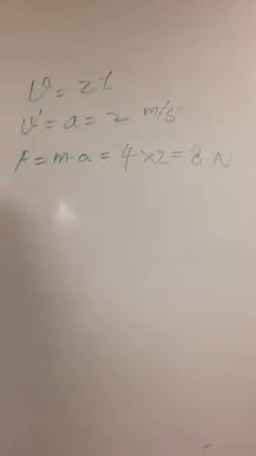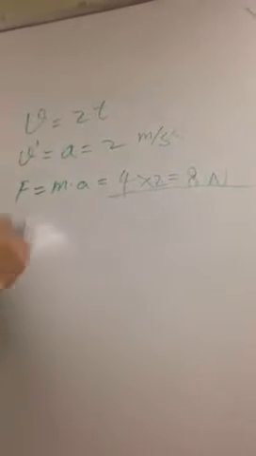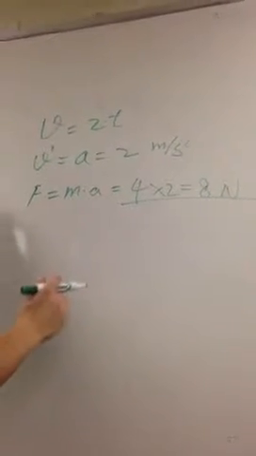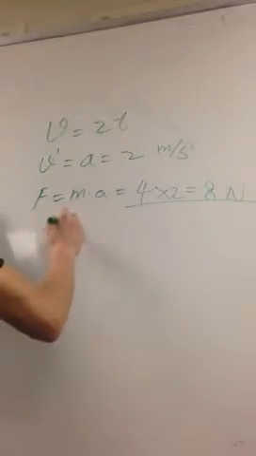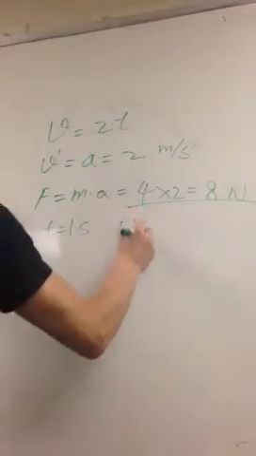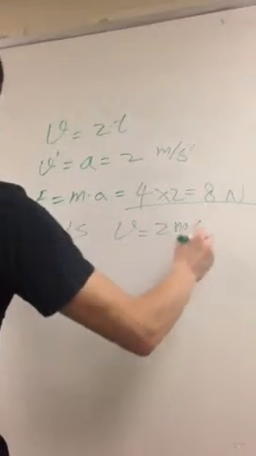And then the question is, at what rate is the resulting force on this object doing work at t equal to 1 second. When t equal to 1 second, the velocity is 2 meters per second.